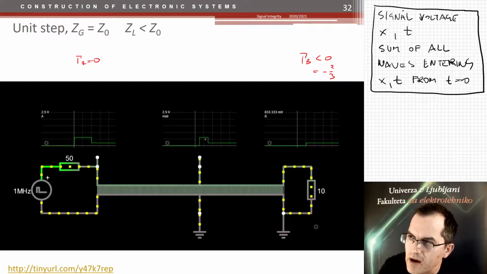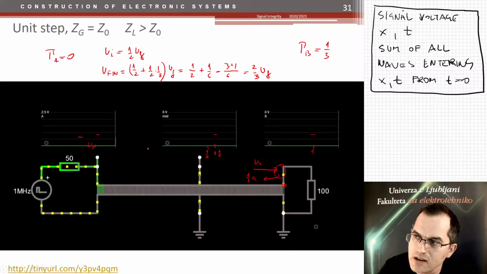And we have a negative wave reflected back, which is 2/3 of the half of the voltage of the generator, this one here. And the final voltage, check it out. How much is it? We calculated before 1/6 of the generator voltage. And here we did not use this equation to calculate the final voltage, did we?